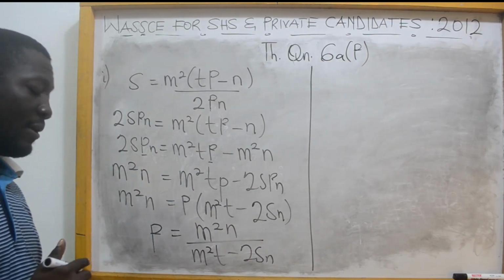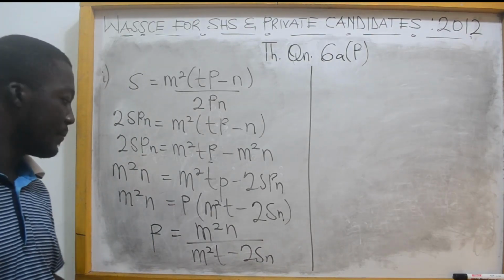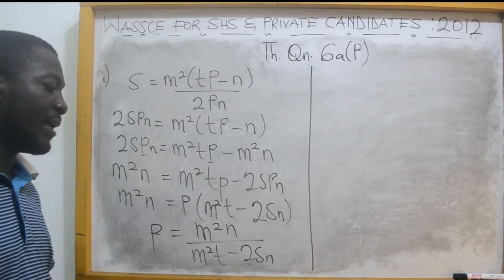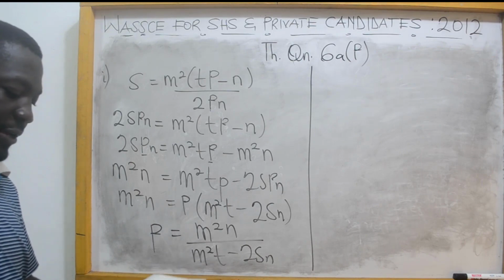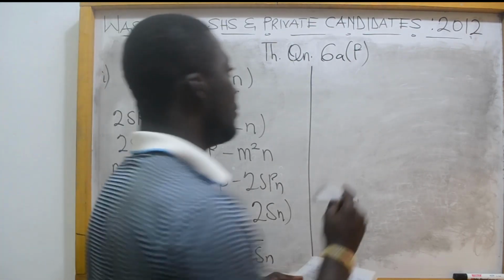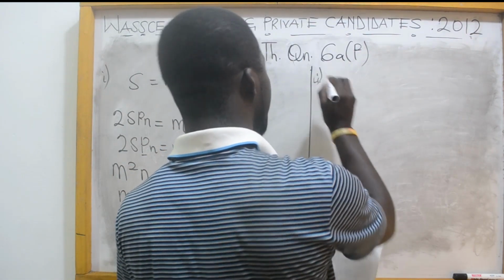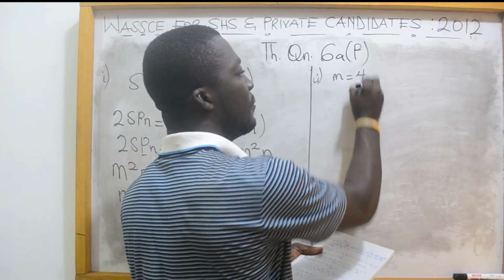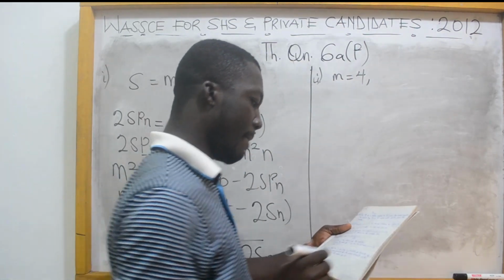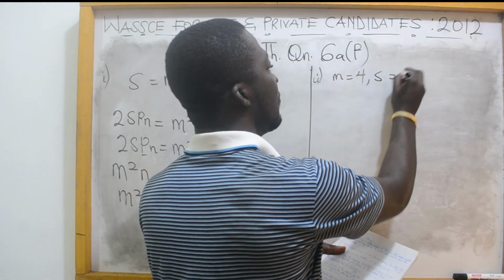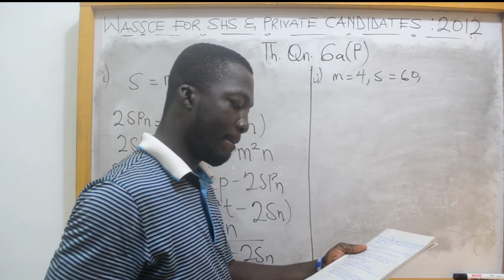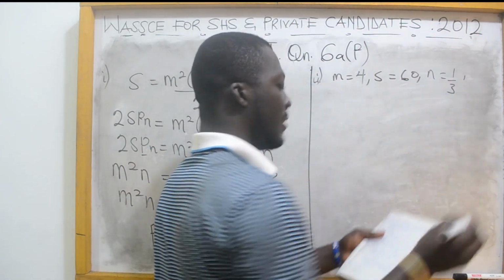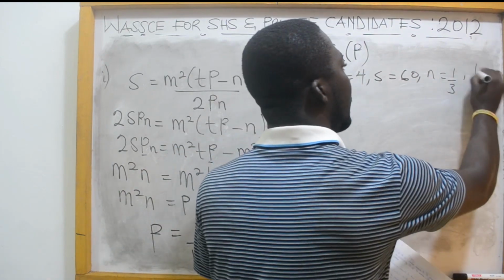We have been given some values. The II, the value for m is equal to 4, s is equal to 60, n is equal to 1/3, and t is equal to 3.